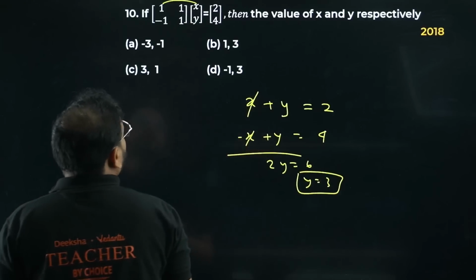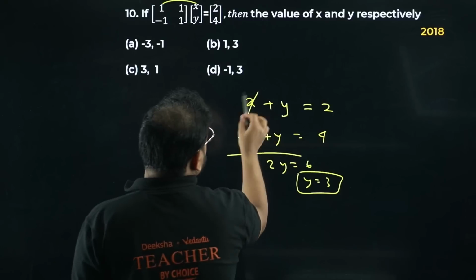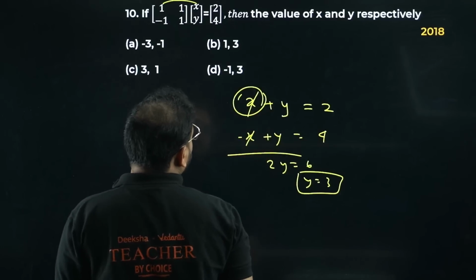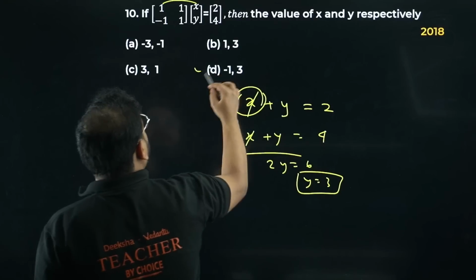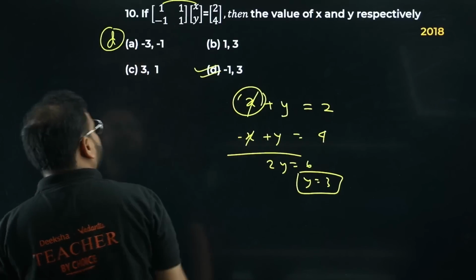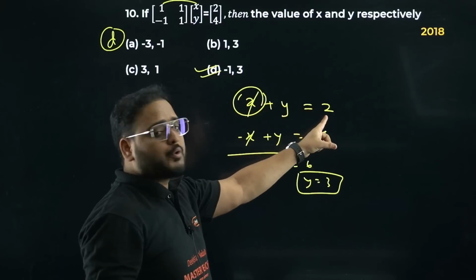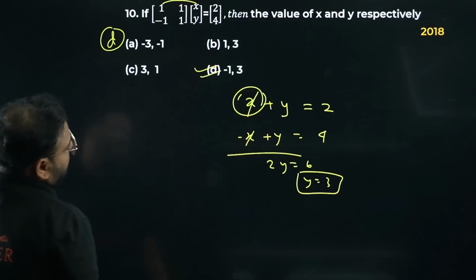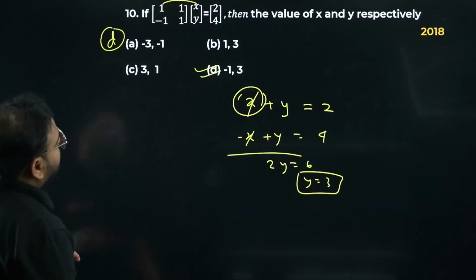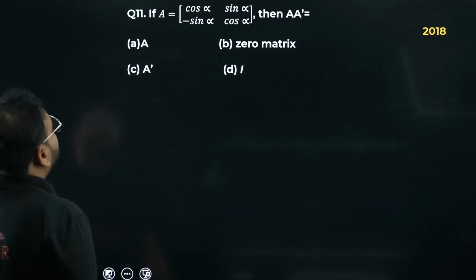Put y as 3, then x has to be minus 1. So minus 1 and 3. Option D is correct. Y is 3 over here, so put 3. You get x as minus 1, then only it will become equal to 2. So I get this value as minus 1, 3. Option D is right.